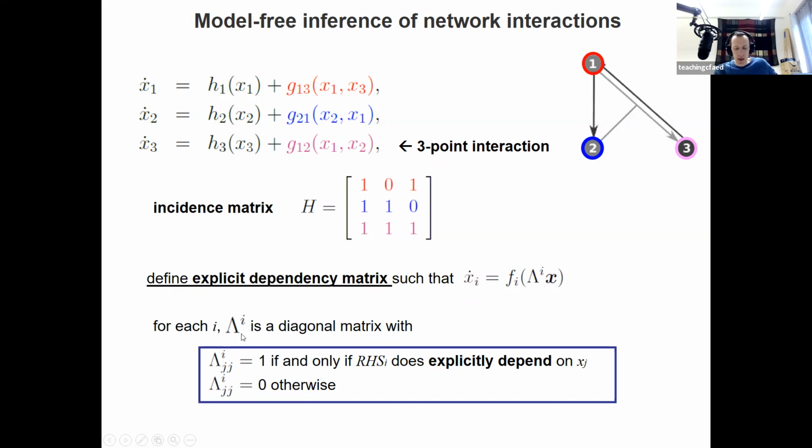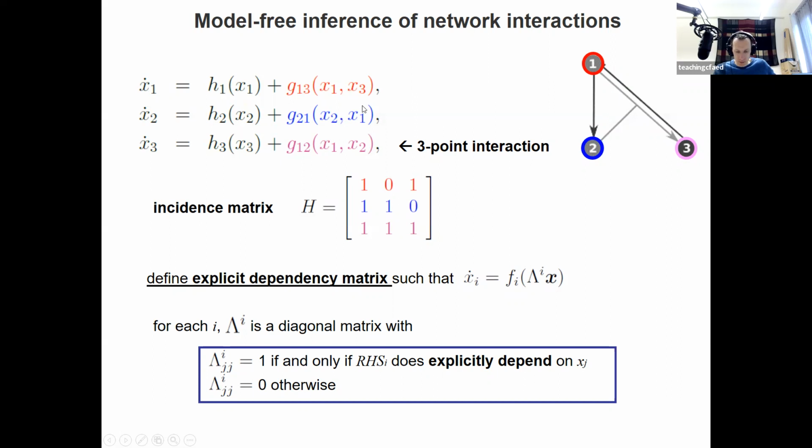And this diagonal matrix has the following properties. I is the index for the goal variable, the variable it changes. And the diagonal indexes are j, here, jj. And it's 1 if and only if the right-hand side does explicitly depend on xj.